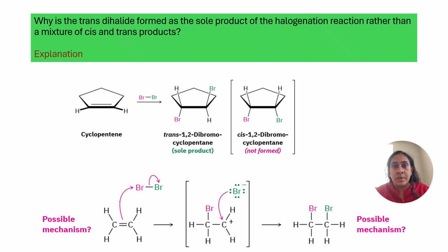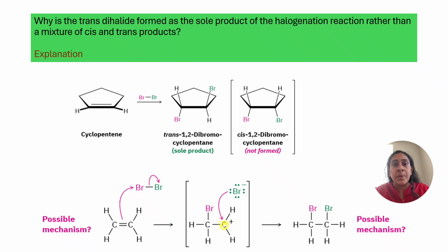Here we can test a possible mechanism. Imagine that the alkene first reacts with bromine to form an ordinary carbocation intermediate. In that kind of intermediate, the positively charged carbon would be approximately planar, so bromide would approach from either side. That would not explain why only the trans product is formed.